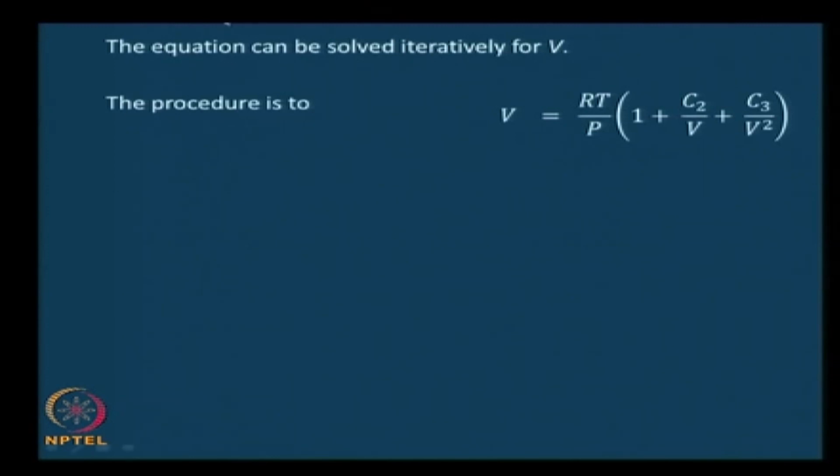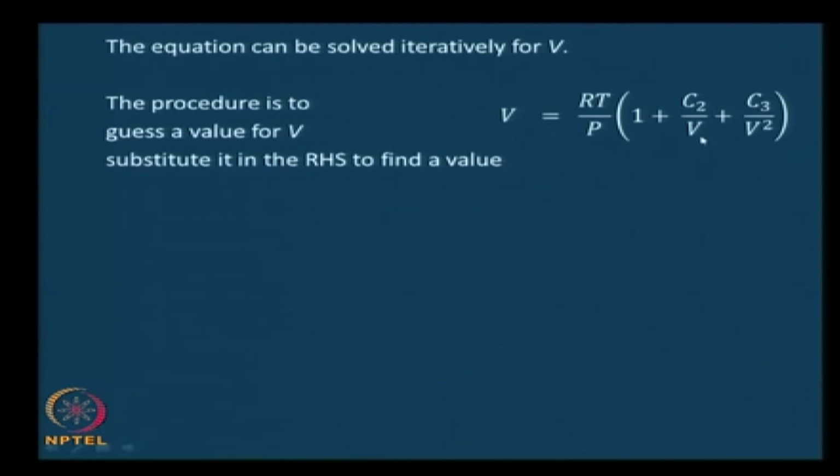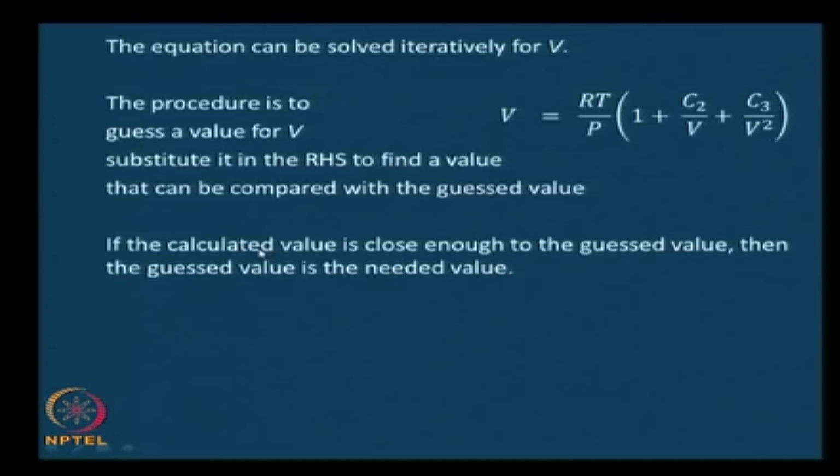So we said that the procedure was to guess a value for V and substitute it into the right hand side and find the value of the right hand side, and this can be compared with the guessed value. One way of comparing is to take the difference between the calculated value and the guessed value, and if the calculated value on the right hand side is close enough to the guessed value, then the guessed value is the needed value.